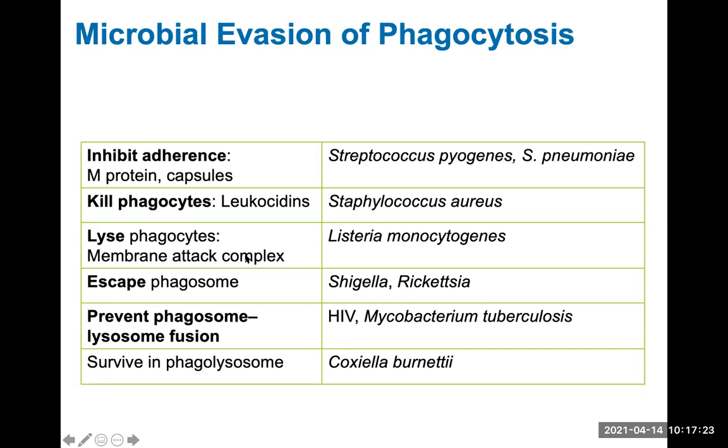And then another survival strategy: Coxiella burnetii is able to actually survive in the phagolysosome, which is incredible. It must have a lot of very complex mechanisms that allow it to inactivate all those enzymes and all the toxic oxygen. And so that's the evasion of phagocytosis.